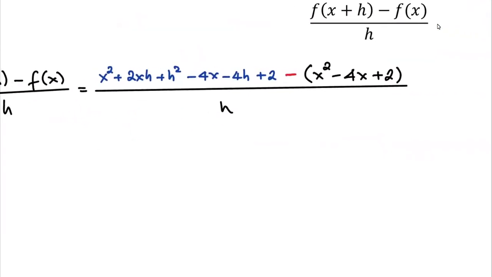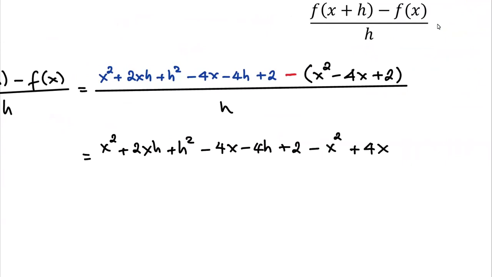All right, let's see. I get x squared plus 2xh, and now subtracting x squared plus 4x minus 2. Does that make sense to you? When I distribute a negative, the signs change. Okay, divided by h.